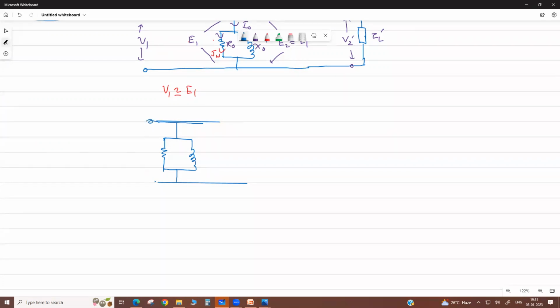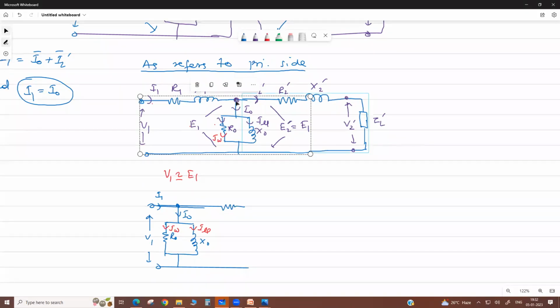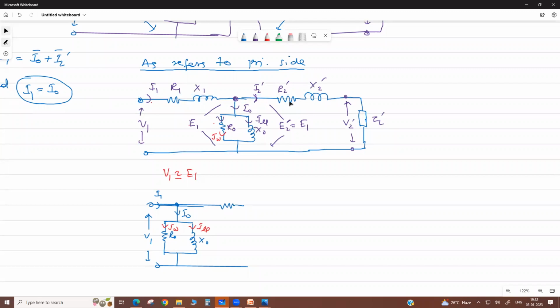So my dear, what is the voltage we apply here? V1. To this V1 there is I1. At this node there is I0, this is R0, X0, and there are two components. Now these two resistances come in series, so they add.